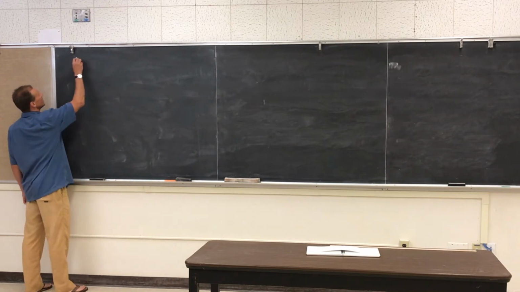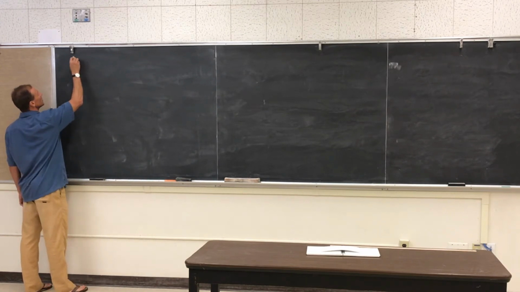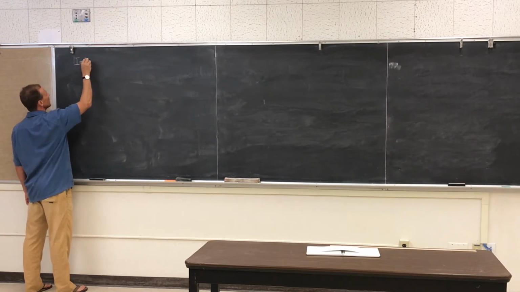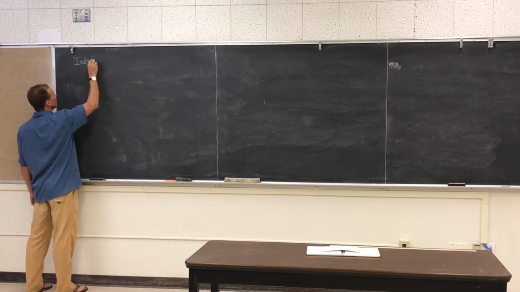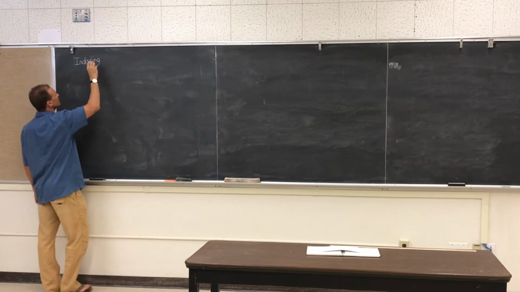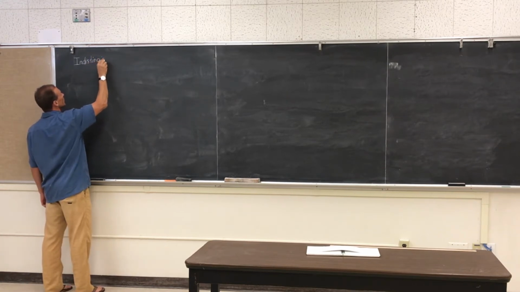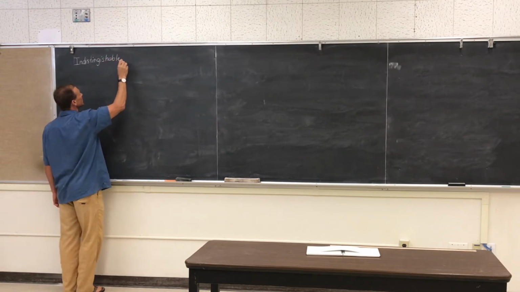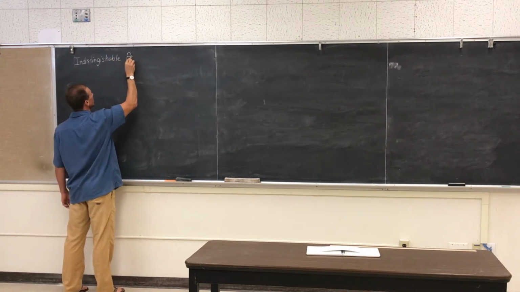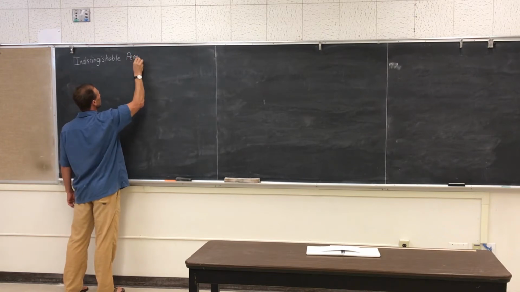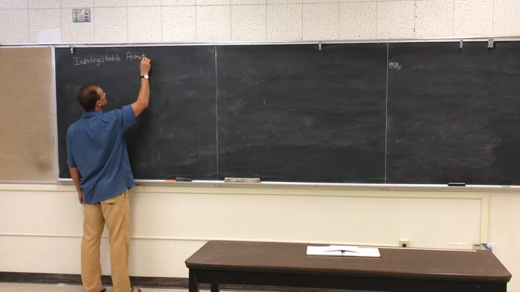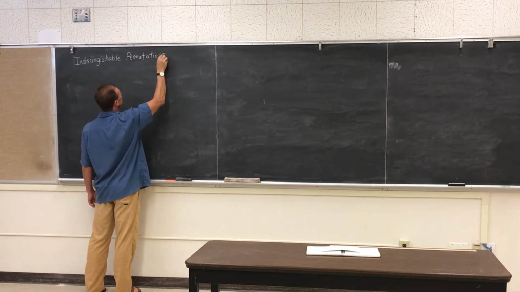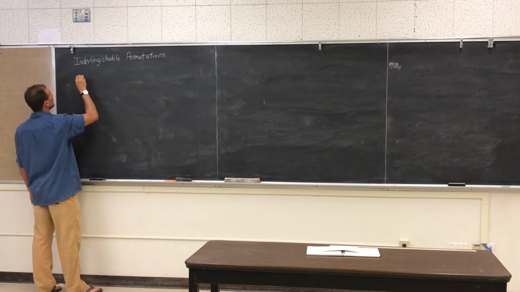What do we have? The formal thing that we're going to be looking at is called indistinguishable permutations and combinations.